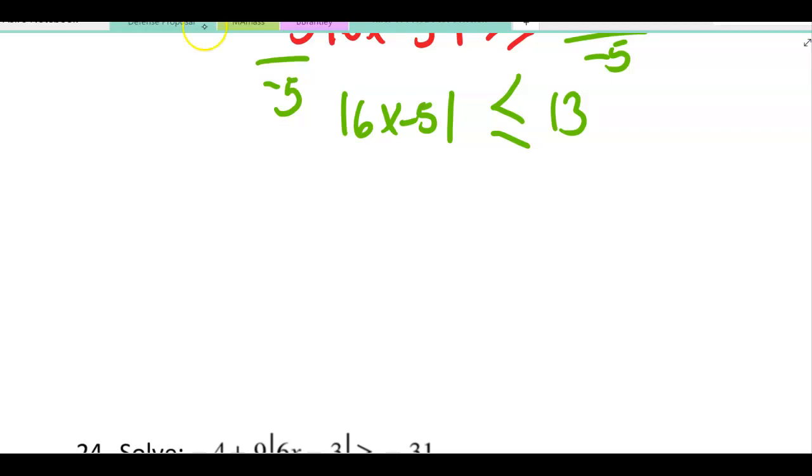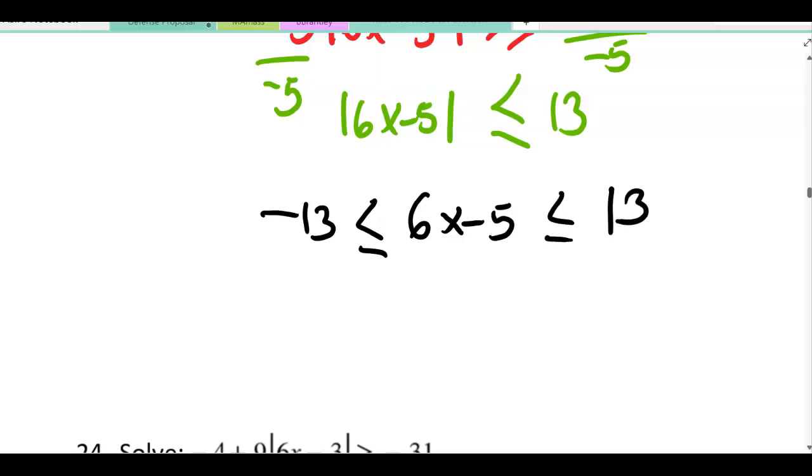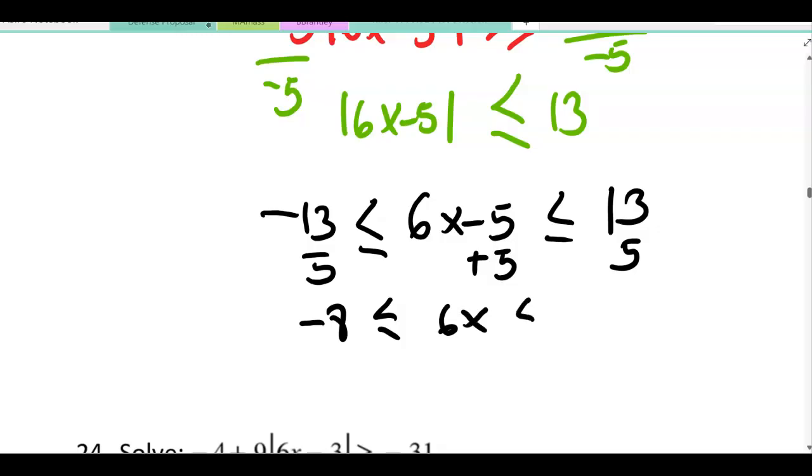Because it's less than or equal to, that will open up as a compound inequality. So it will be -13 less than or equal to 6x minus 5 less than or equal to 13. We're going to add 5 to all three sides. That will be -8 less than or equal to 6x less than or equal to 13 over... Oh, no. Right, hold on.